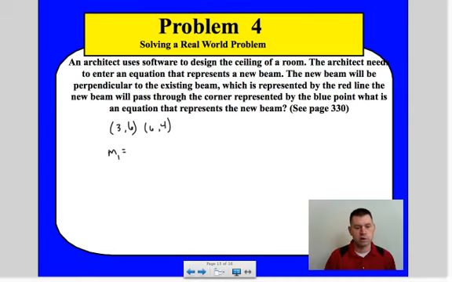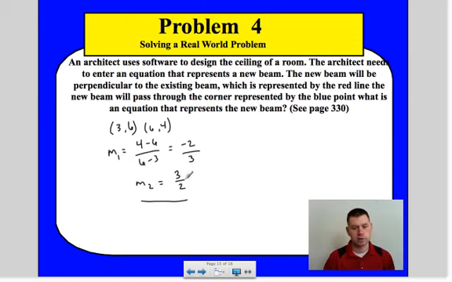This is m1, the original. So I'm going to take 4 minus 6 over 6 minus 3. I'm going to get a negative 2 over a positive 3, which means m2 is going to be a 3 over 2 slope. That's the slope we're going to use.